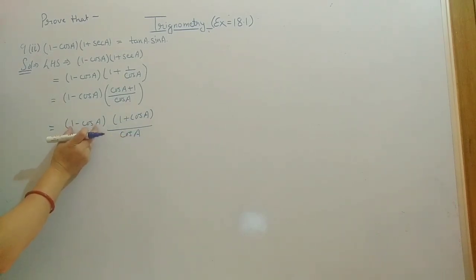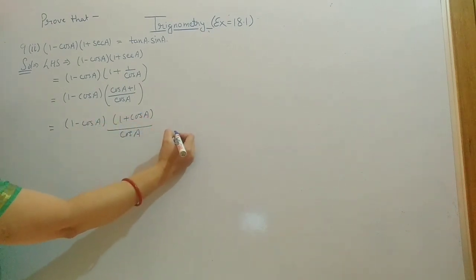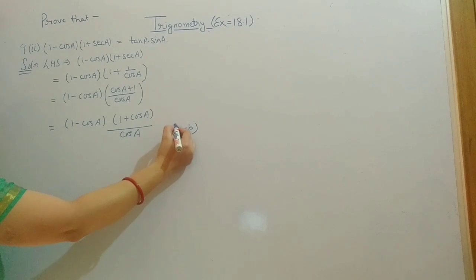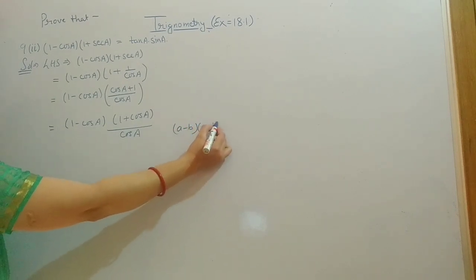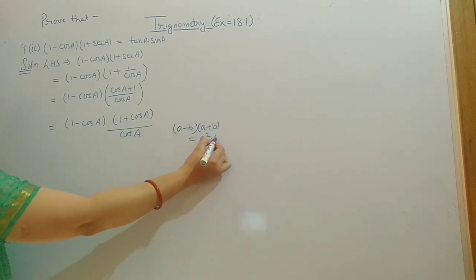Now 1 minus cos A, 1 plus cos A, A minus B into A plus B, that is equal to A square minus B square.